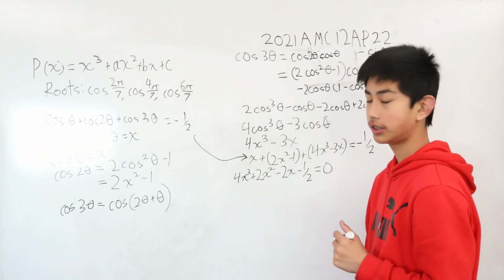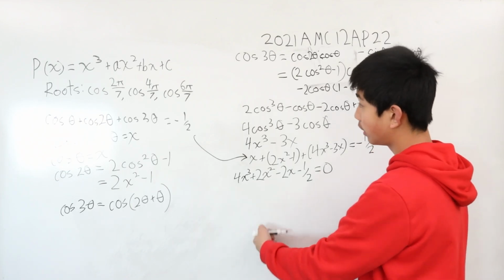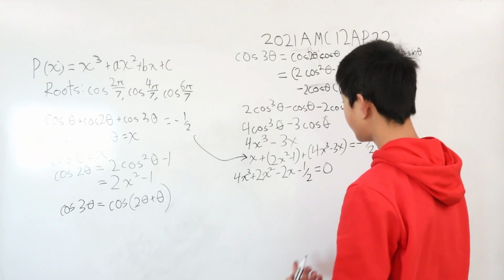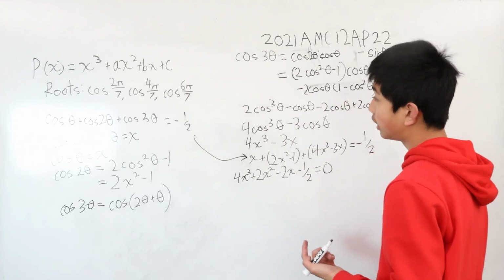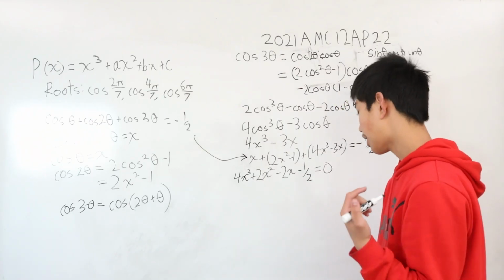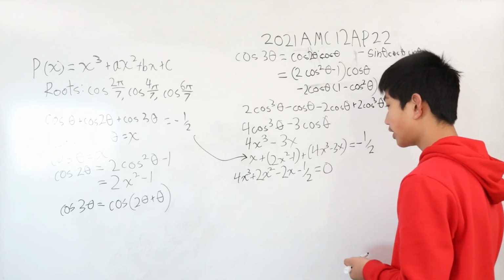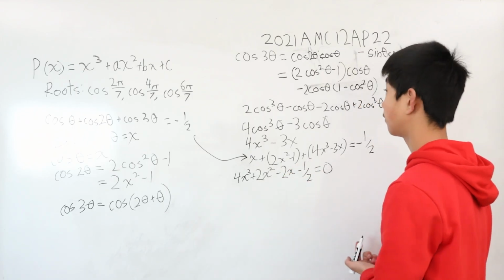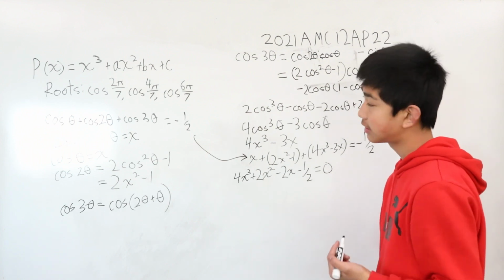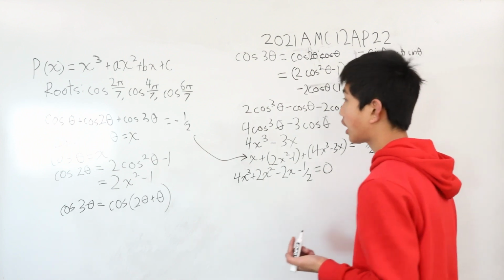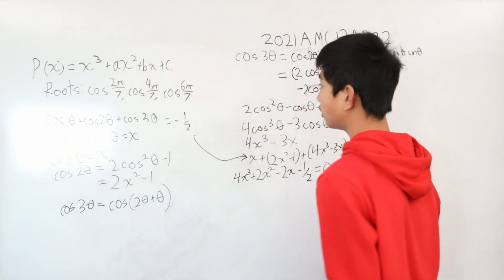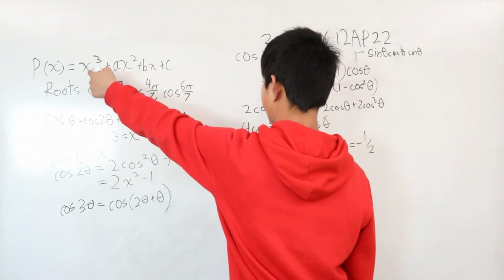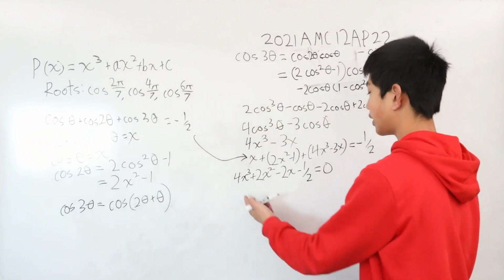We have now determined all of the values of a, b, and c in this polynomial. Since it wants the product of a, b, and c, you might think it's 2 times negative 2 times negative 1/2. But that's not the case, because as you can see in this polynomial, the coefficient of the x cubed is 1, and we have it as a 4.